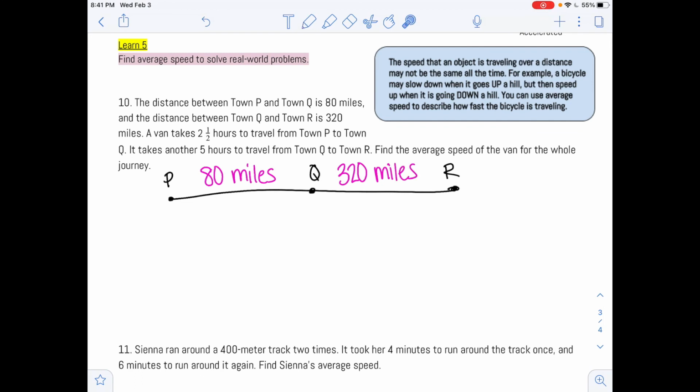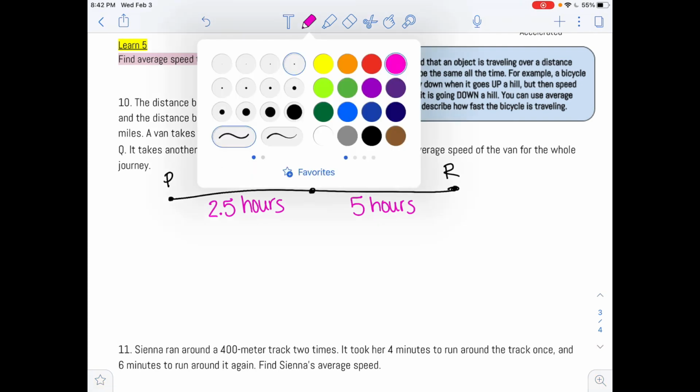If we continue to read, a van takes 2.5 hours to travel from P to Q. And then it takes another 5 hours to travel from Q to R. Our job is to find the average speed of the van for the whole journey.